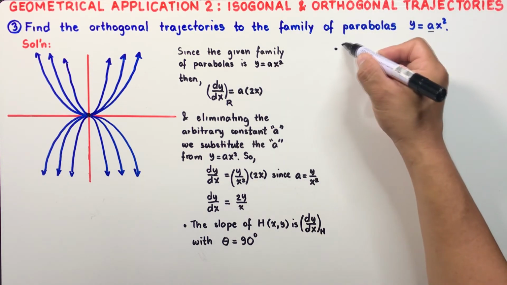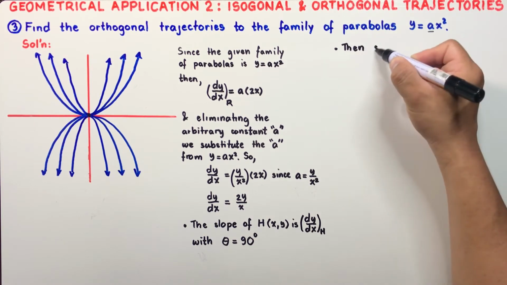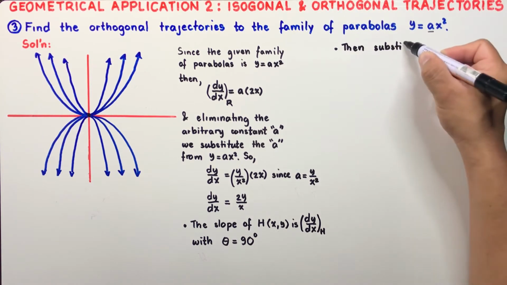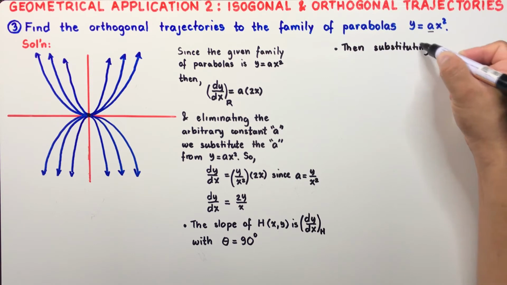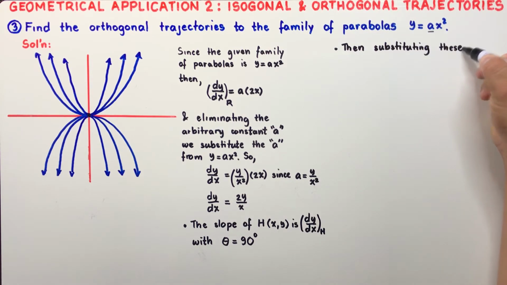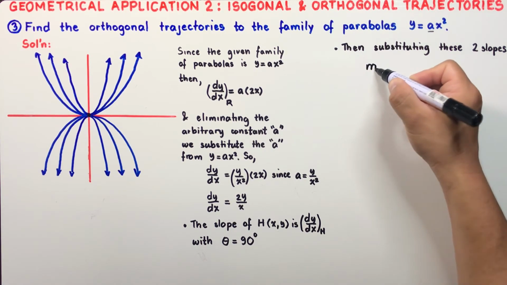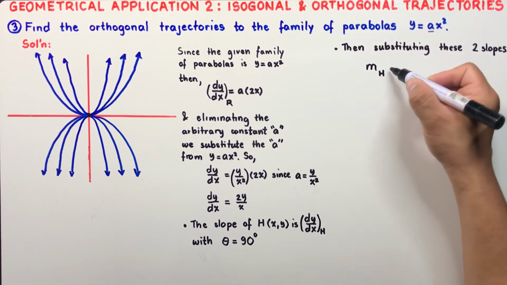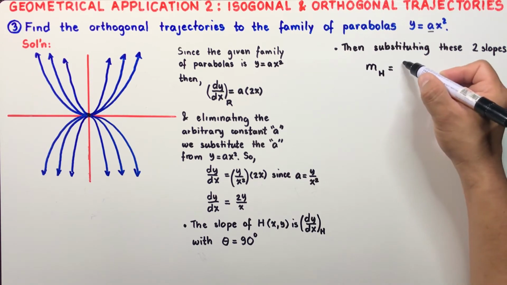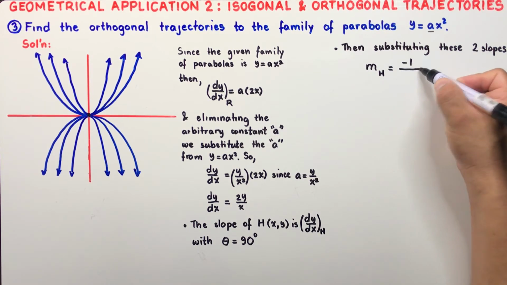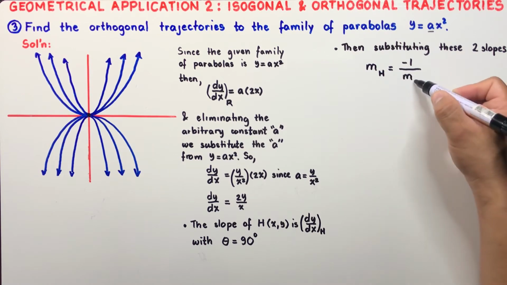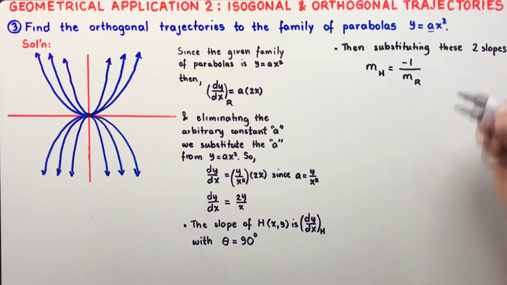Then, substituting these two slopes, one for the slope of the given family of parabolas, and the other for the unknown orthogonal trajectories, we can use the relationship that the slope of the orthogonal trajectories is the negative reciprocal of the slope of the given family of parabolas.